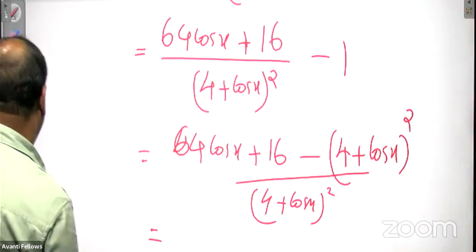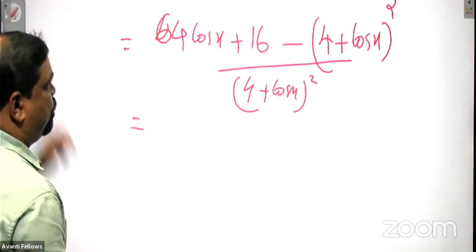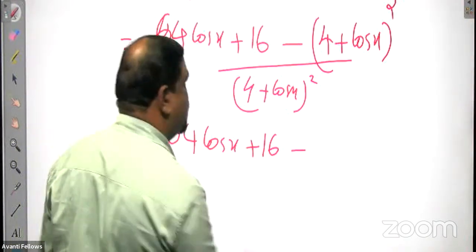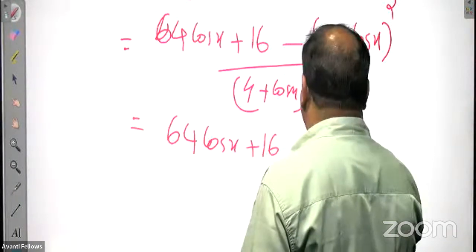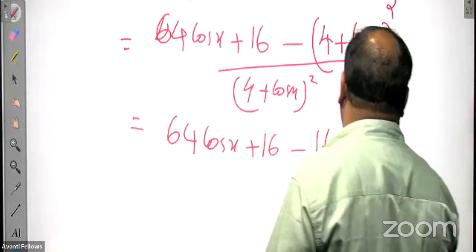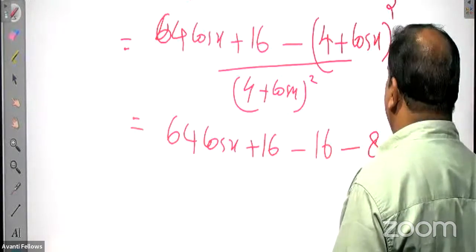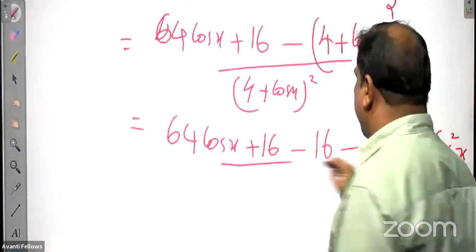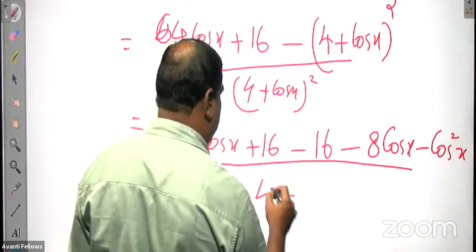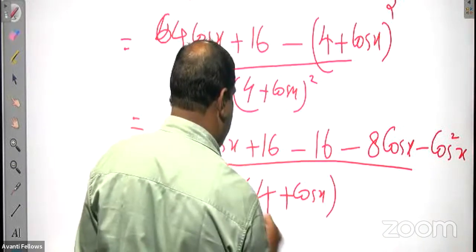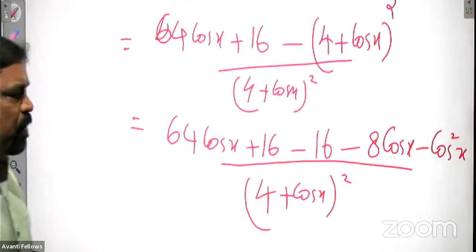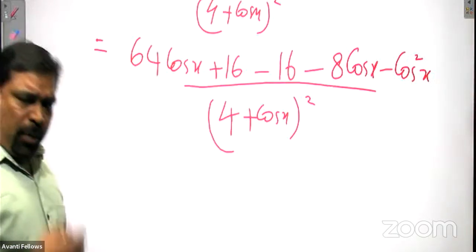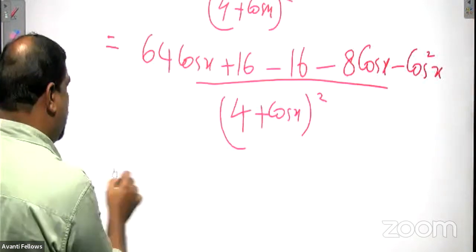(4 plus cos x) whole square all divided by (4 plus cos x) whole square. And that is equal to 64 cos x plus 16 minus (4 plus cos x) whole square. If you expand, 4 square is 16, minus 8 cos x, minus cos square x, all divided by (4 plus cos x) the whole square. Normal basic simplification techniques only.